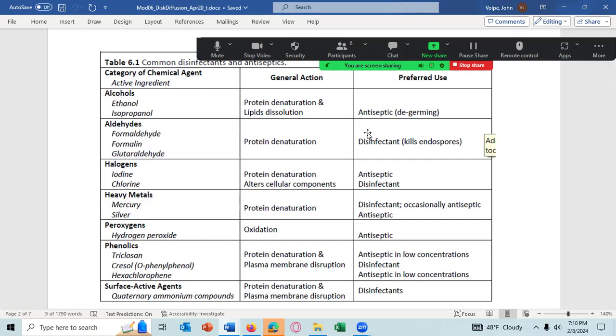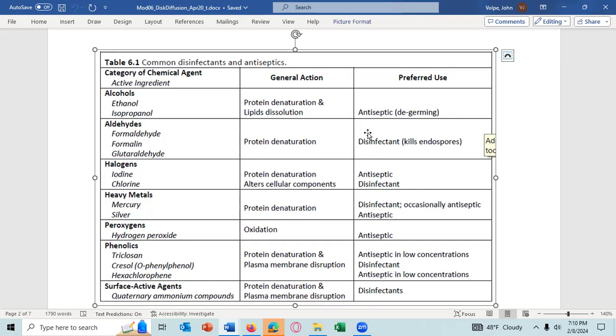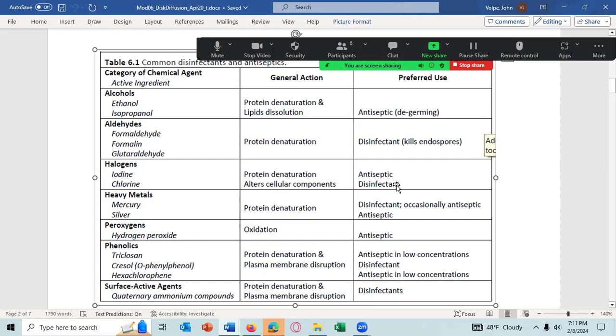And we really call them degerming agents, meaning when we apply alcohol to the side of your skin to give an injection, you're really only degerming, reducing the bacteria to low numbers so that when you give the puncture wound with the injection, it will not cause at least a major infection in the patient.